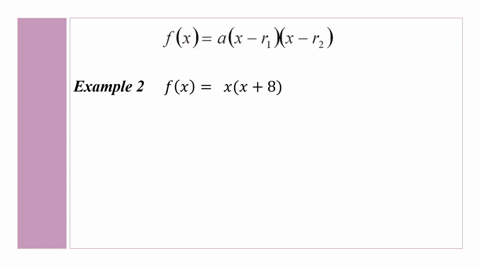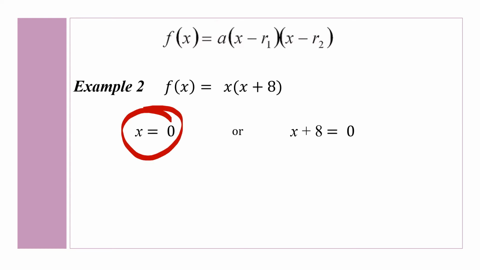In our next example, now we only see one expression inside the parentheses, but there's an x on the outside. So here again, you set both quantities equal to 0. So x is equal to 0 or x plus 8 is equal to 0. Solve for x. Since the first equation is already solved for x, one of our solutions is x equals 0.